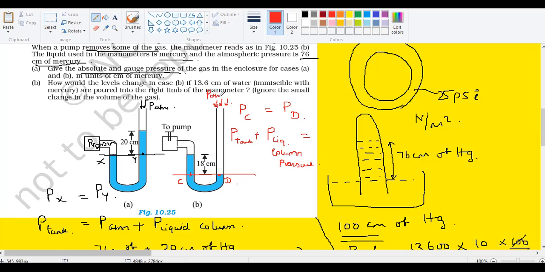Atmosphere. That means if I want P tank, this pressure, which is 76 centimeter of mercury, minus this comes on this side, so minus 18 centimeter of liquid column.